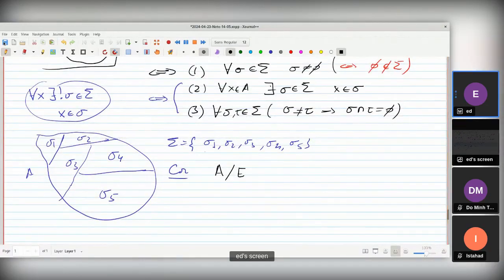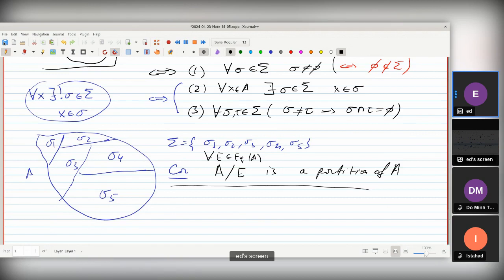For every equivalence, it is a partition of A. In fact, it is not hard to prove that any partition is a quotient set for some equivalence. But I will omit this result. We can read about it in my lecture.